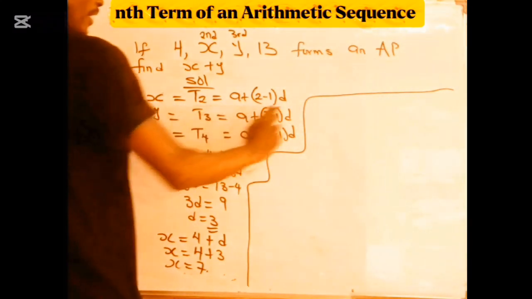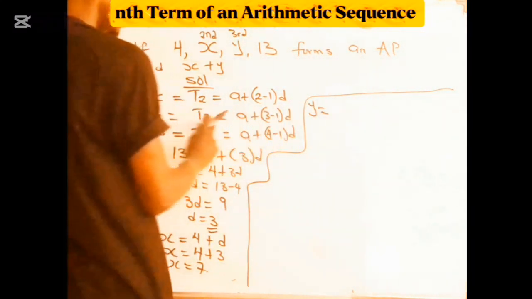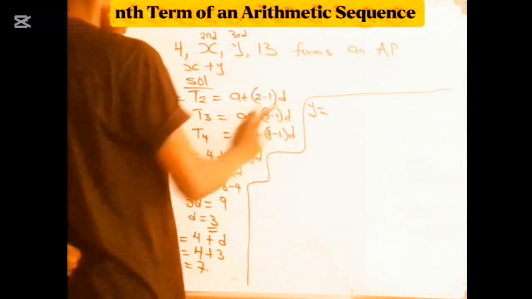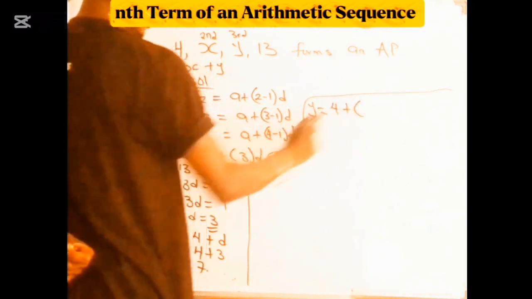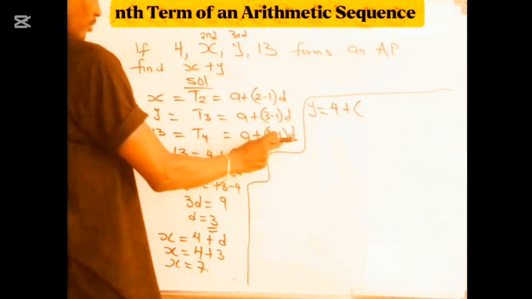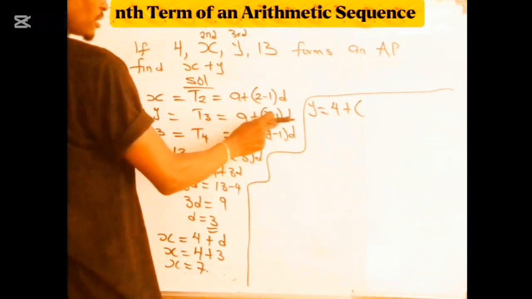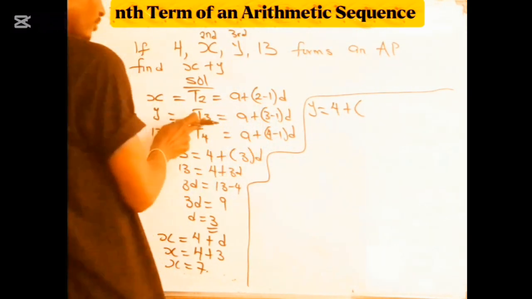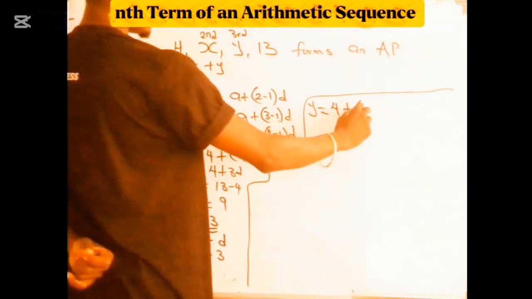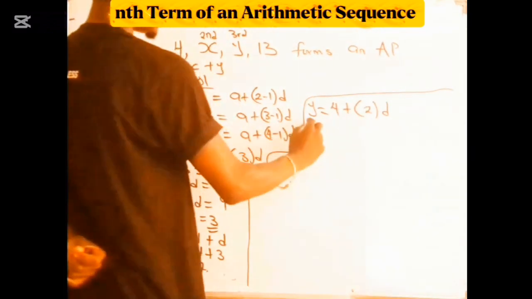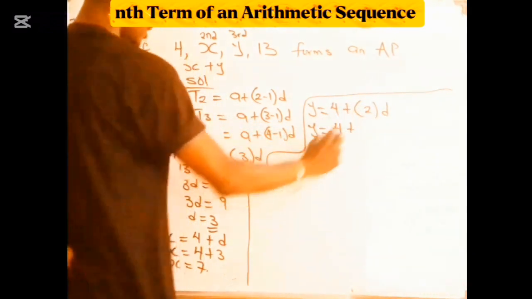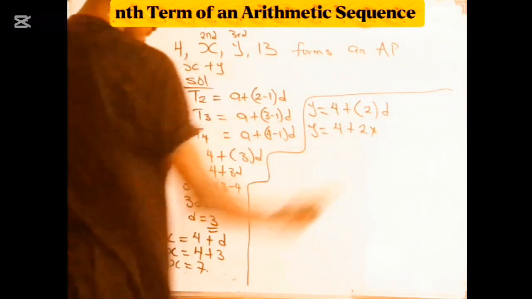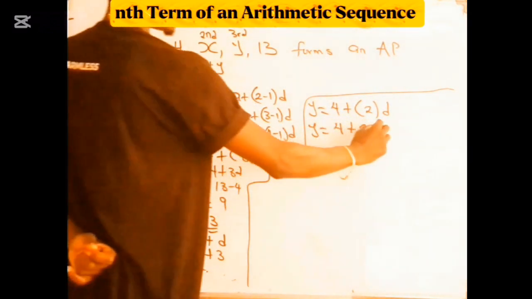Now y will be, from T3, A plus 3 minus 1, which is 2D. So y will be 4 plus 2D, which is 2 times 3.